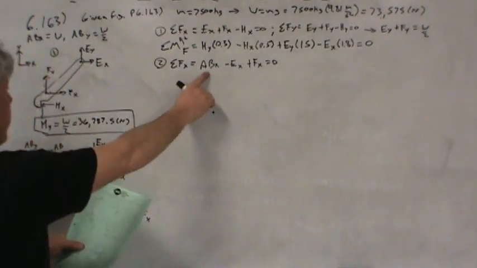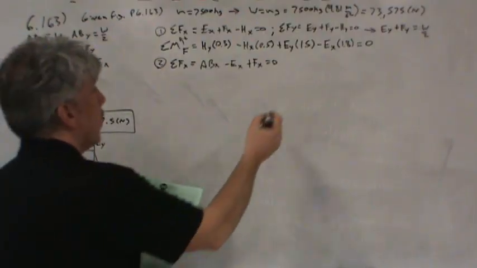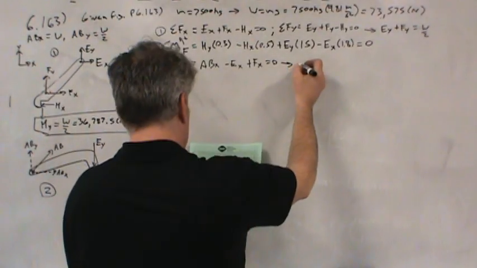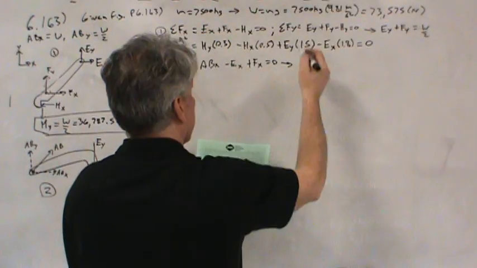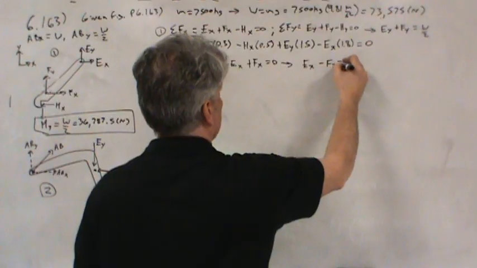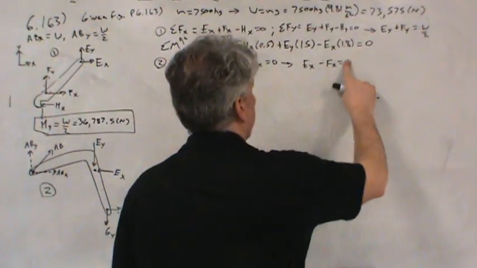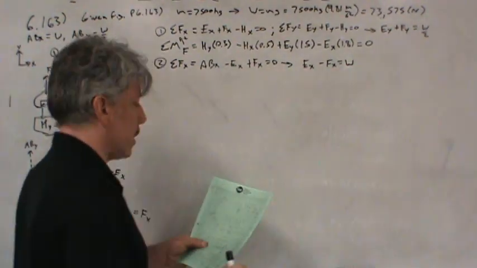But I don't like this ABx. I know what it is. ABx is just W, isn't it? So what this tells me then is that Ex, let's see, how do I want to say this? Yeah, let's do it this way. Ex minus Fx equals W, pardon me. So just taking these two terms to the other side.